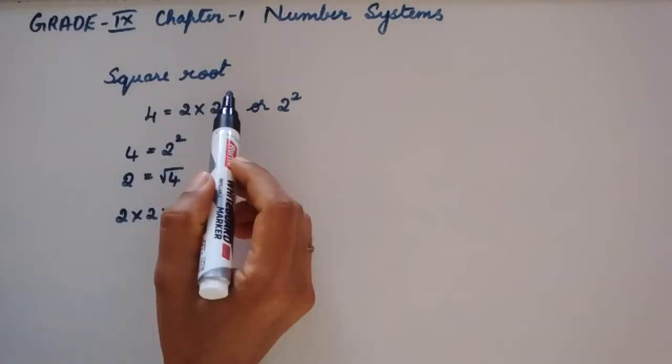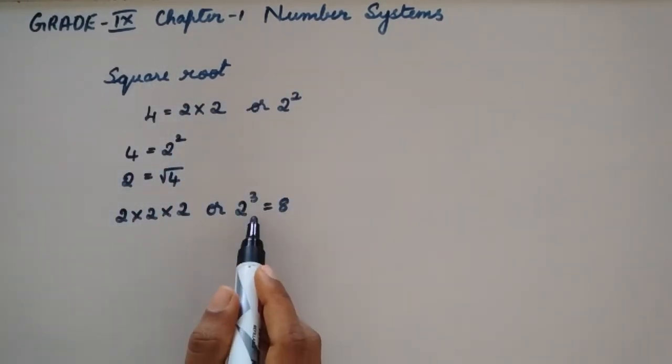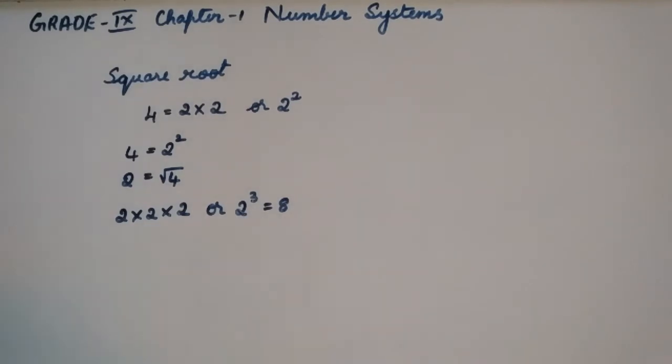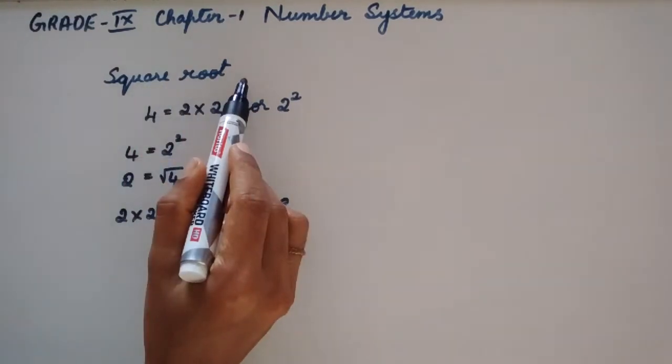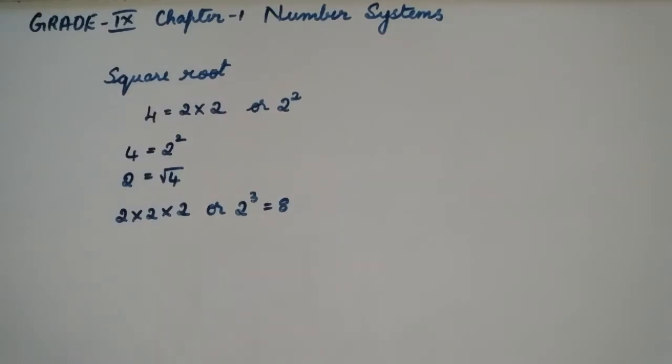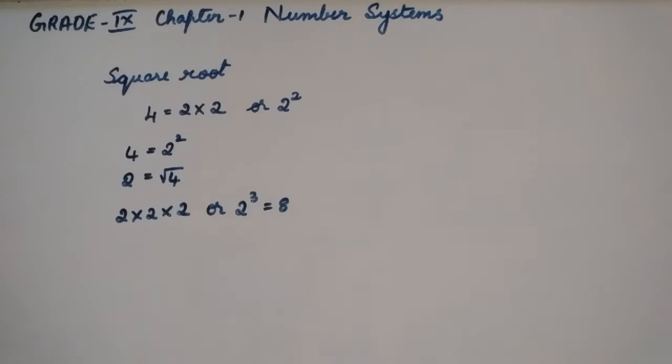So this was square root and this is now the cube. When we talk about square, we also talk about square root, isn't it? Similarly, when we talk about cube, there has to be a cube root, isn't it, students?